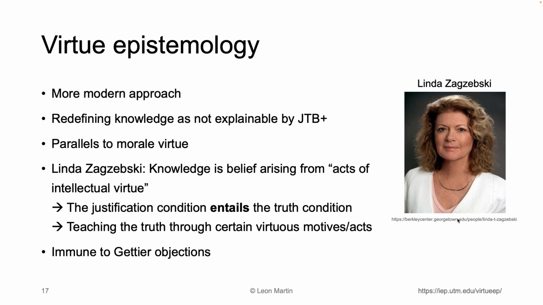Knowledge is a belief that is justified and true. So we're reaching the truth through certain virtuous motivated acts, and this is immune to Gettier objections because there could be no luck. So it has to be a reliable method and at the same time true.